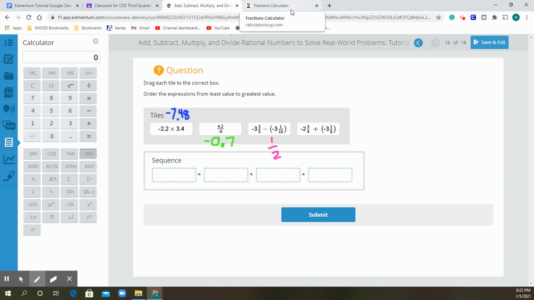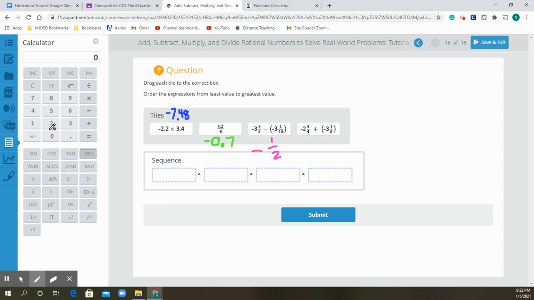Because it's the same as a negative plus a positive. Okay, so it's negative half. Okay, negative 2/3 plus negative 3/4. I'm sorry.